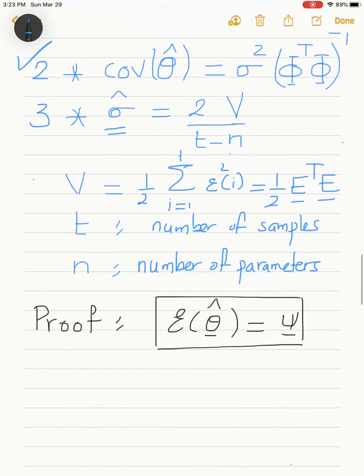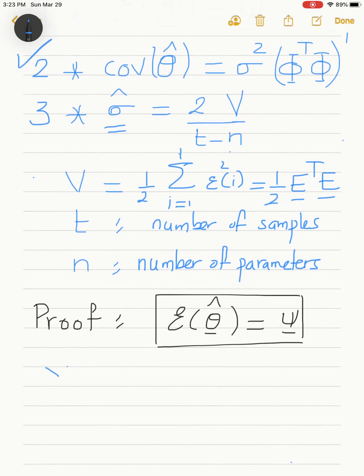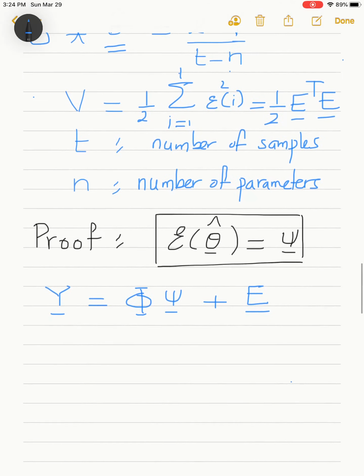Okay, let's consider the equation for the measurements y as phi times psi plus E, where E is a vector of the calculation or measurement errors. I'm going to multiply this equation from the left by phi transpose phi inverse times phi transpose.